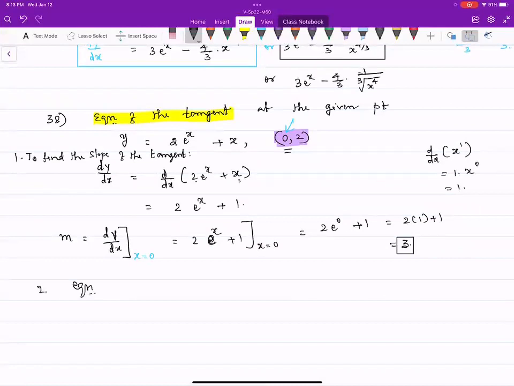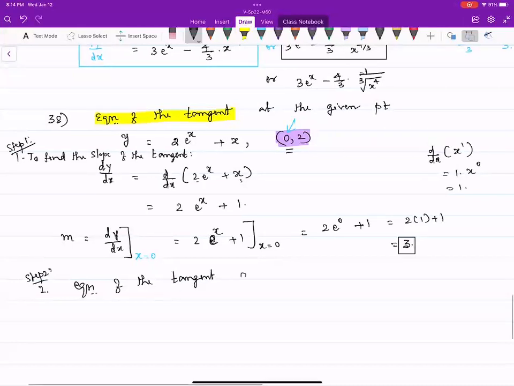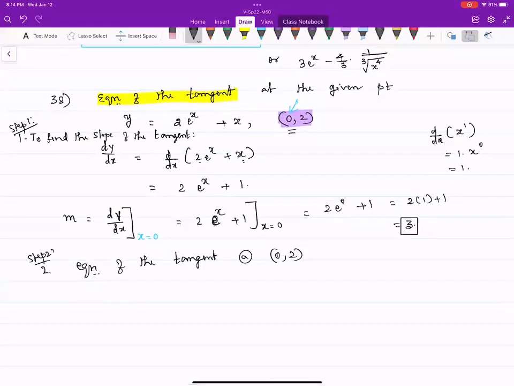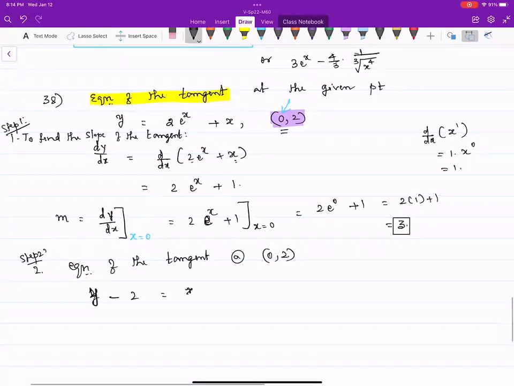The second step is to find the equation of this tangent line at (0, 2). It is y minus y1 equal to m times x minus x1, where m equal to 3.